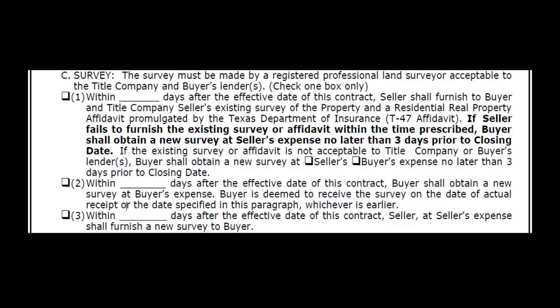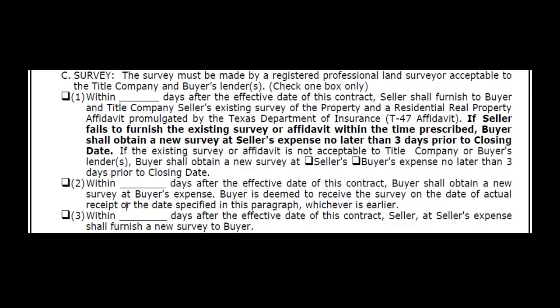But morals aside, let's say that seller says, all right, the buyer is asking for my existing survey and they're saying that the buyer is going to pay for it if it's not acceptable. So the seller might take that T47 form and write in that no changes have been made to the property except the swimming pool is put in.